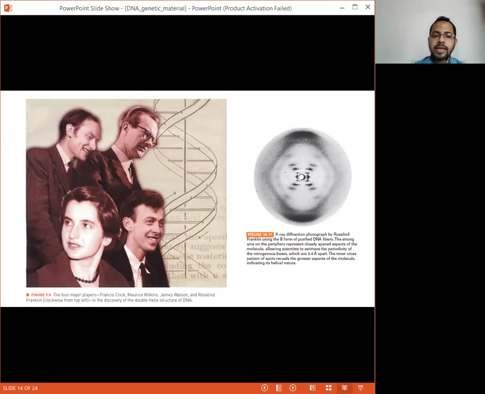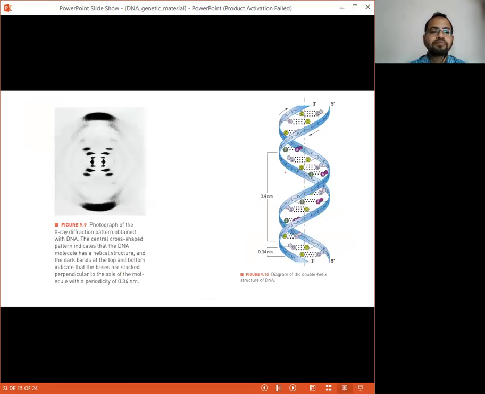With the help of Rosalind Franklin's study, Watson and Crick proposed the DNA structure, but in the meantime Rosalind Franklin died, and Watson and Crick got the Nobel Prize for this remarkable discovery of the DNA double helix.